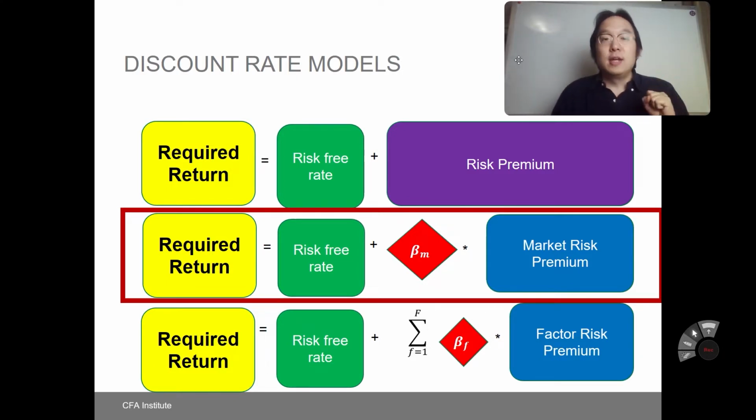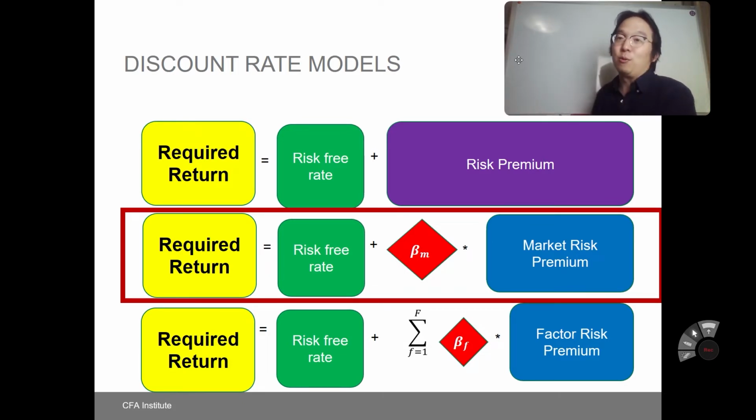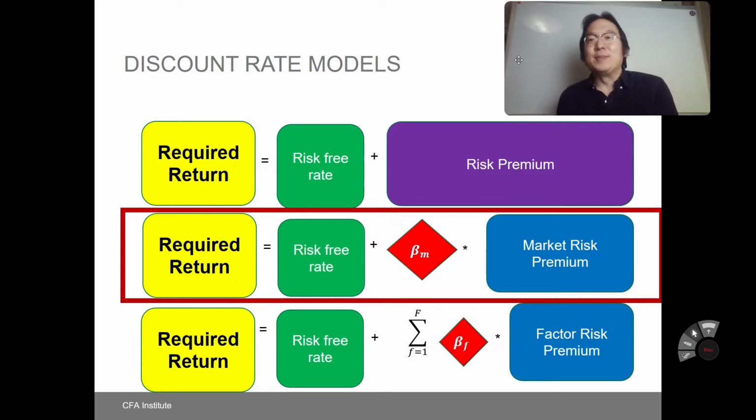Always, this discount rate or required rate of return starts with the risk-free rate, and then we add a risk premium. For example, if you are investing in Tesla, right? These days, Korean investors invest a lot in Tesla, Amazon, and all kinds of US stocks, right? Because of the globalization of the capital market.